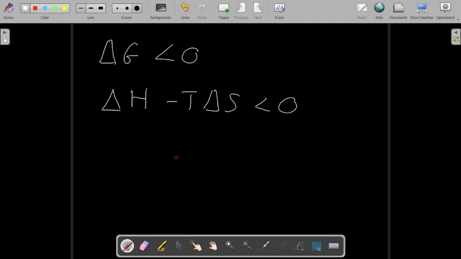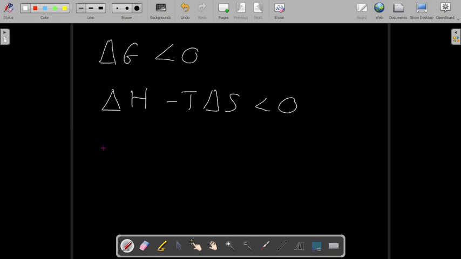This is algebra, and before I get started with this, I want you to remember that if we need to multiply or divide both sides by a negative number, we're going to have to switch the direction of the inequality sign. This is algebra. That's all it is. Okay? So let's put information in there.